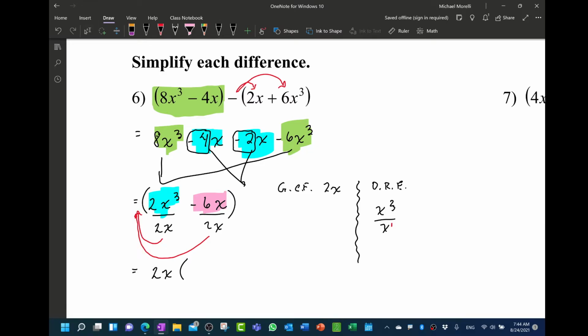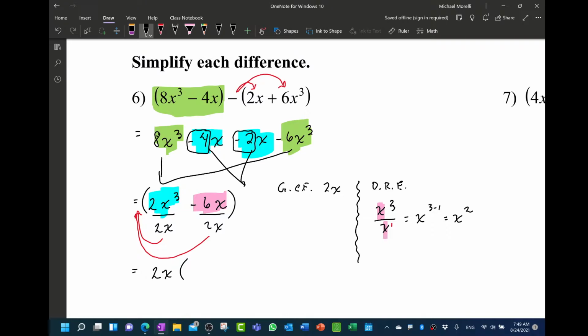And when we divide and the bases are the same, we subtract the exponents. The x is the base. So this would equal x raised to the power of 3 minus 1, which is equal to x squared.